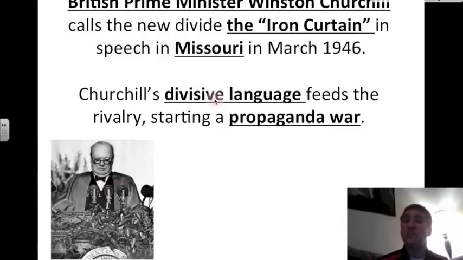And Churchill's divisive language feeds this rivalry, starting a propaganda war between these two countries. And you're about to see now footage of the speech, Churchill himself speaking, and more information about how the bitter rivalry gets even more bitter.